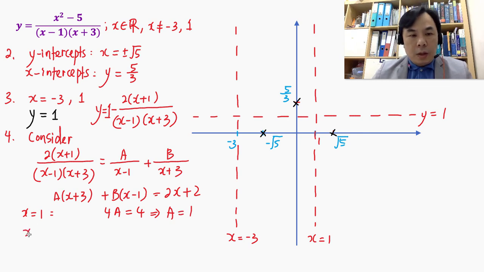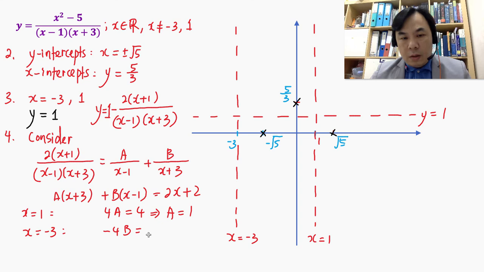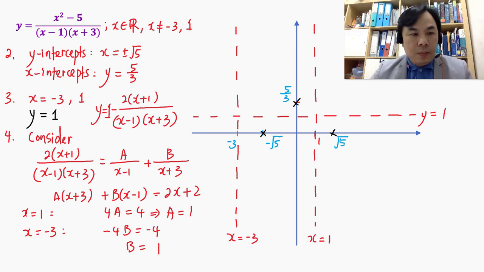Okay, and then I can let my x equal to negative 3. So negative 4b, in this case, is negative 4 also. So b is equal to 1. So this is 1 also. Okay, we are ready. I'm going to erase all this.